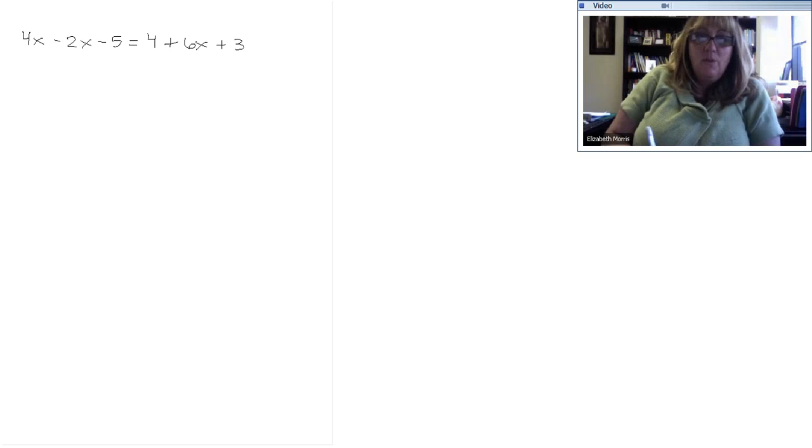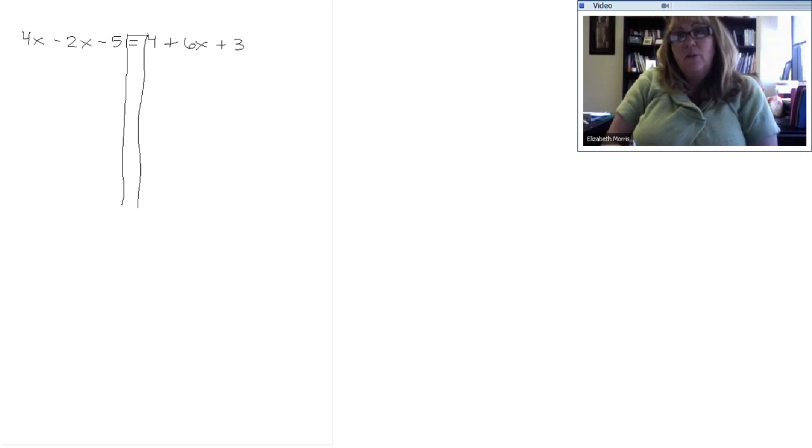Here's the equal sign, and I'm going to put my little fence right here because everything on this side of the equal sign belongs over here. Everything on this side of the equal sign belongs on this side. If I want to move it, I have to pay a price.